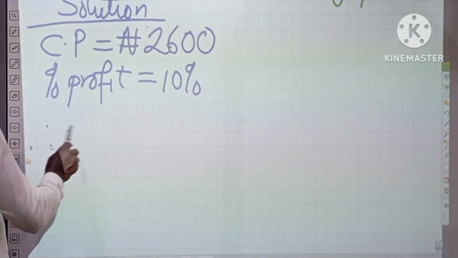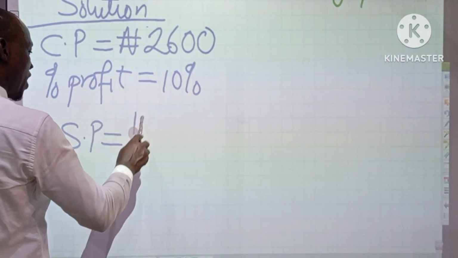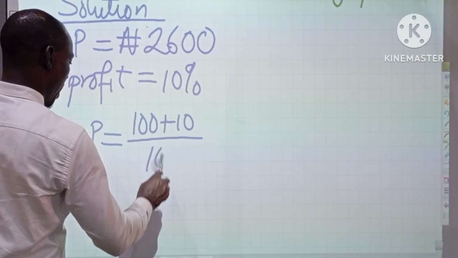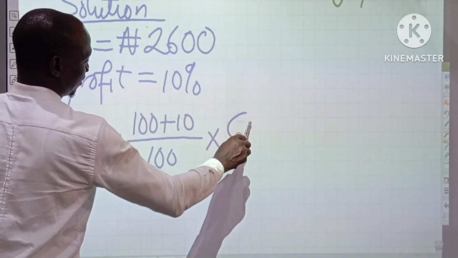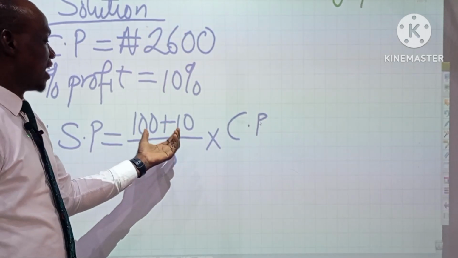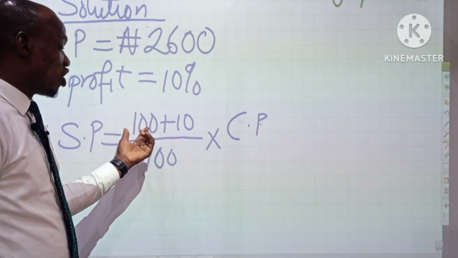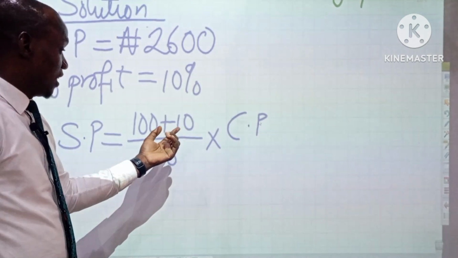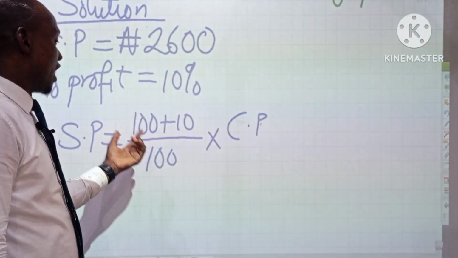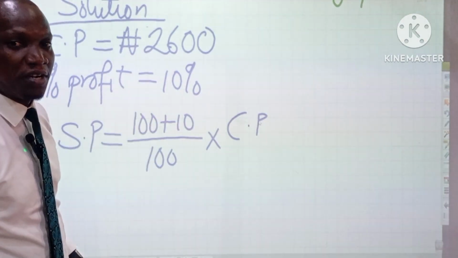Therefore, selling price SP is equal to the 100 plus the 10 over 100 times cost price. This is actually easy peasy. Now, why are we adding the 100 to the 10? Because the selling price is actually the cost price plus the profit. This stands for the profit. The 100 just stands for the cost price. So, since we are looking for selling price, we use the selling price percentage as our numerator.